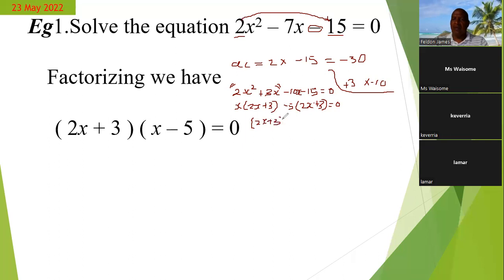And then we group what is outside those brackets, which is the x minus 5, and put them in one bracket by themselves. All right, so that's how we would factorize and reach this point. All right, guys. So that is just a recap of what you should have been practicing.